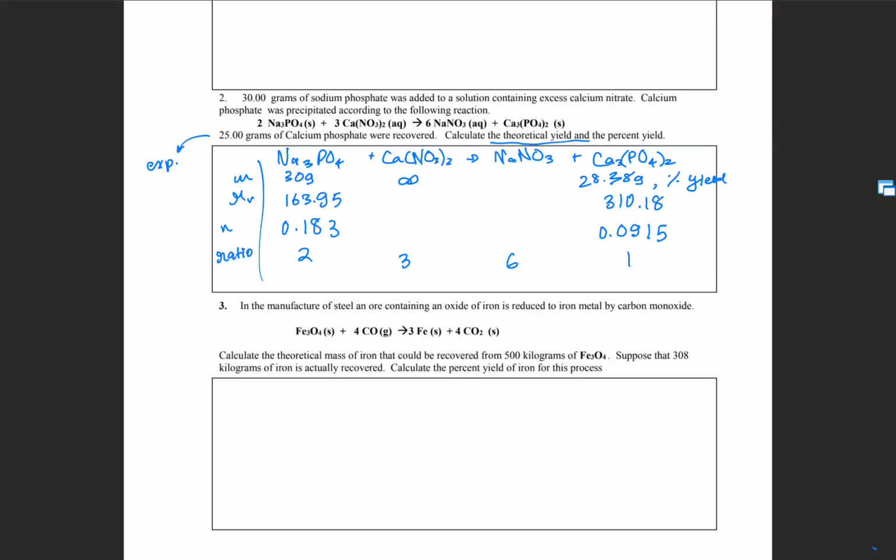To find the percentage yield, we take the experimental yield divided by the theoretical yield, times 100%. So 25 over 28.38, we don't multiply, we divide, times 100% gives us 88.09%, which is the answer.